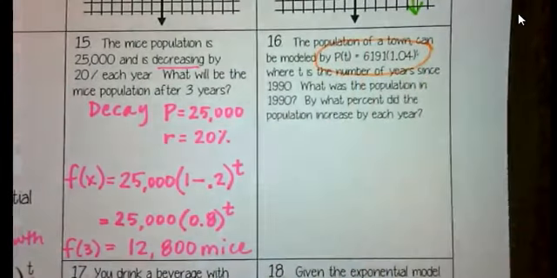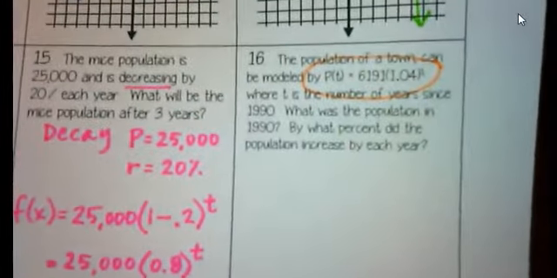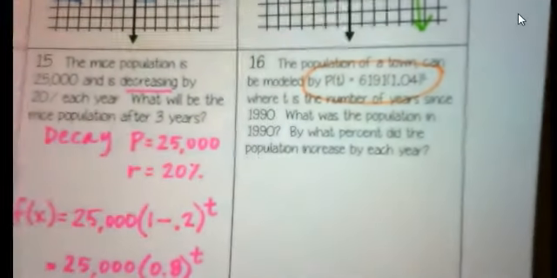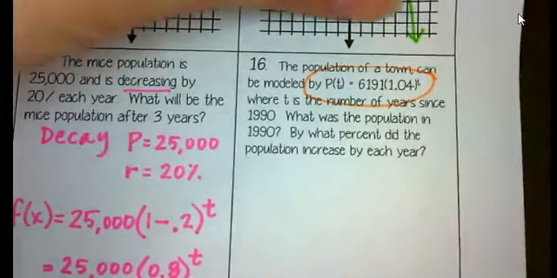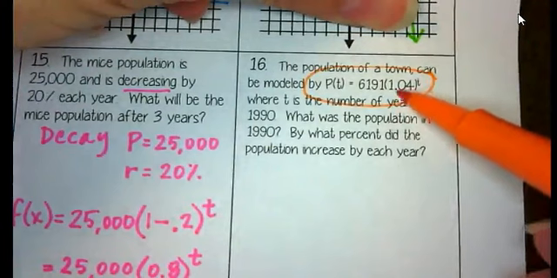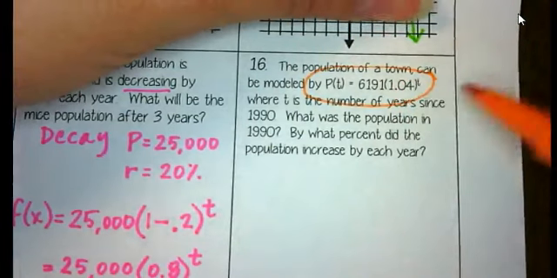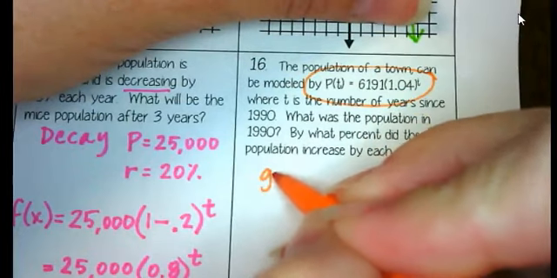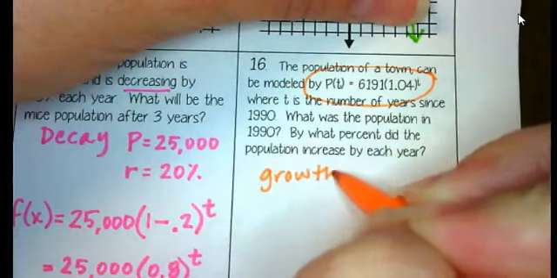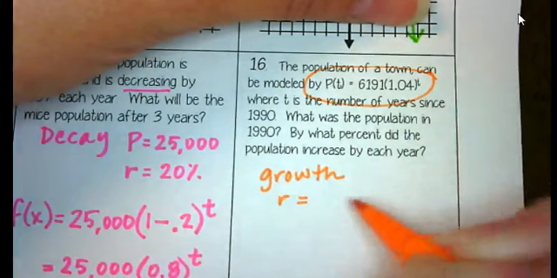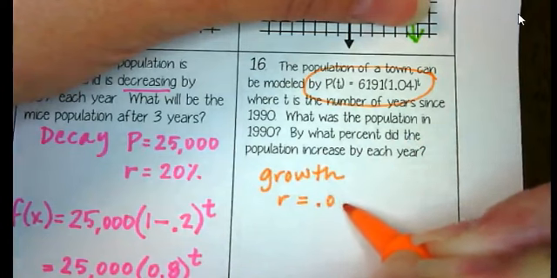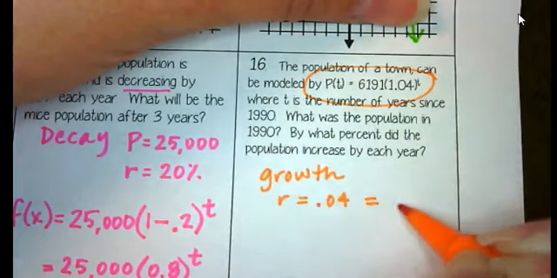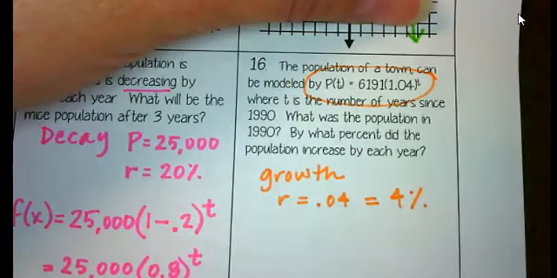So we were given this equation right here. If we take it apart, we can tell that it's a growth because this is over 1. And we know that the R is 0.04, which means 4%.